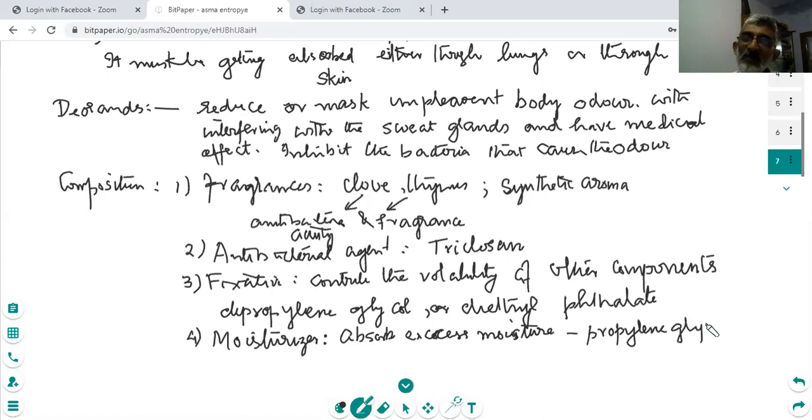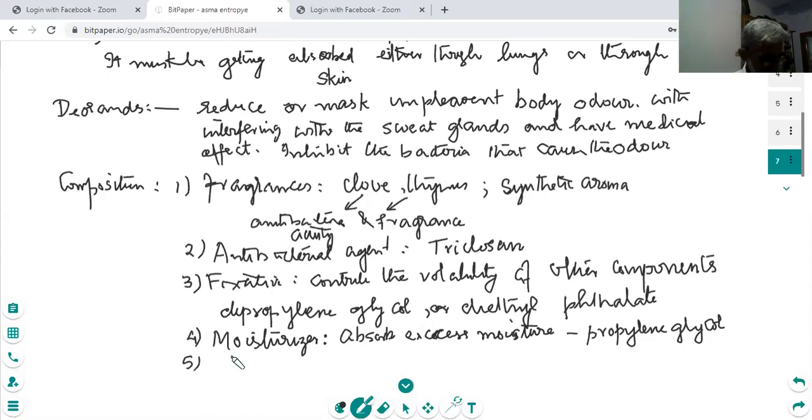Remember, glycols are compounds containing OH groups, which can interact with water molecules by hydrogen bonding. That is the mechanism by which they do their job.